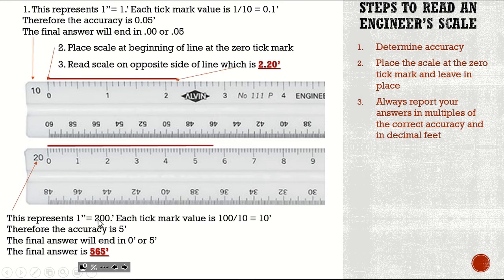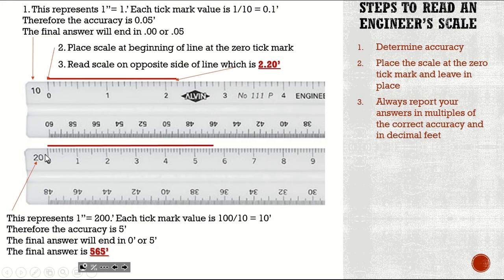See, it's a 20, I'm using the 2 scale, but now I have 2 zeros. So when I take the 0, what was my answer? It's going to be 0.0 or 0.5. Now I add a 0, now I have 0 or 5. Now if I add another 0, I'd have 00 or 50.